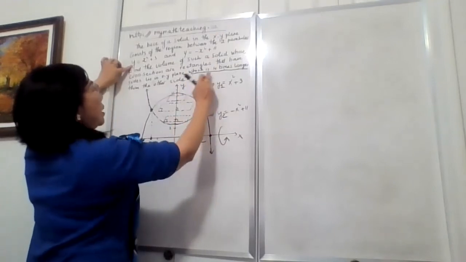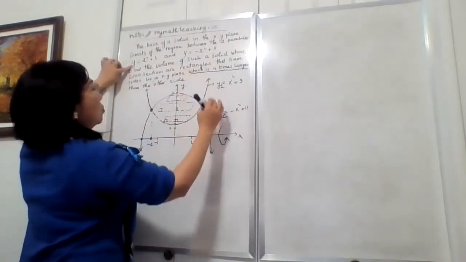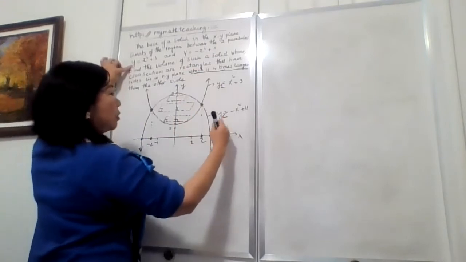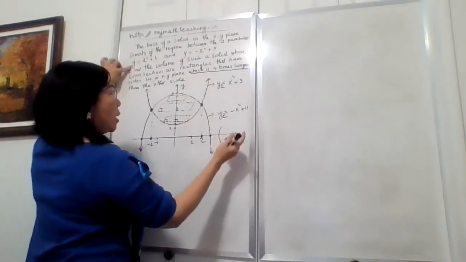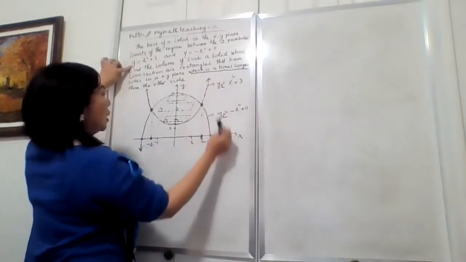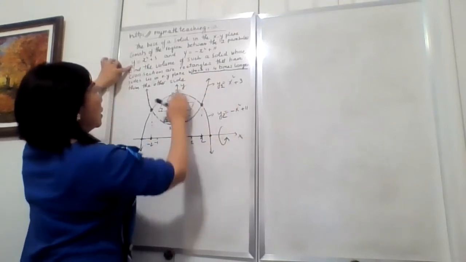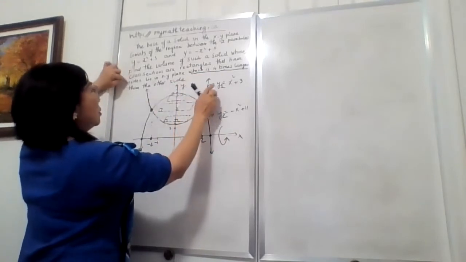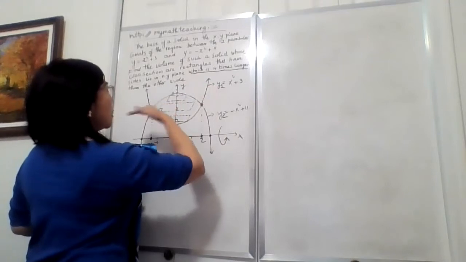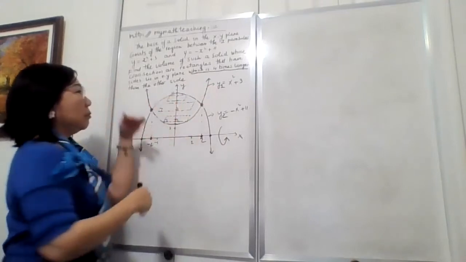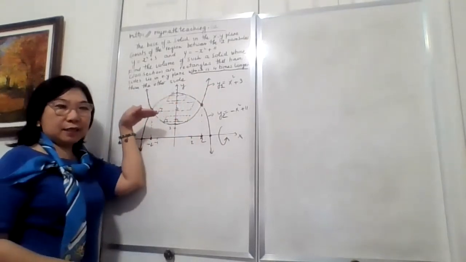What else do I pay attention to? I also know that I will have to generate it about the x-axis, not the y-axis. And another thing I pay attention to is that we're going to cut through the object slice by slice.